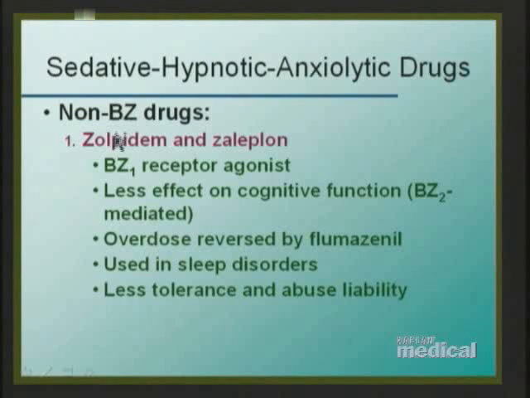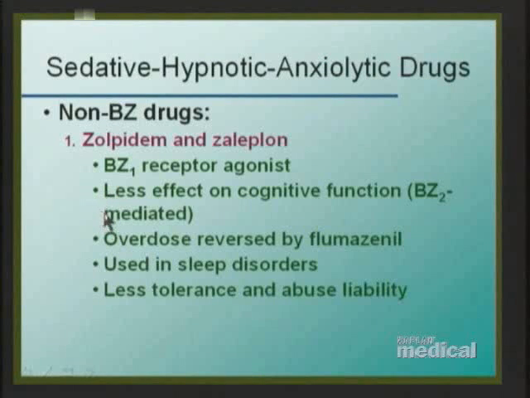But nonetheless, they bind to the BZ1 receptors, or if you want, the benzodiazepine binding site that mediates sedation on the GABA-A receptor. The advantage of those two drugs is to have less effect on cognitive function, which tends to be BZ2 mediated, so they particularly do not have such an issue with problems such as anterograde amnesia and cognitive dysfunction like impaired learning.